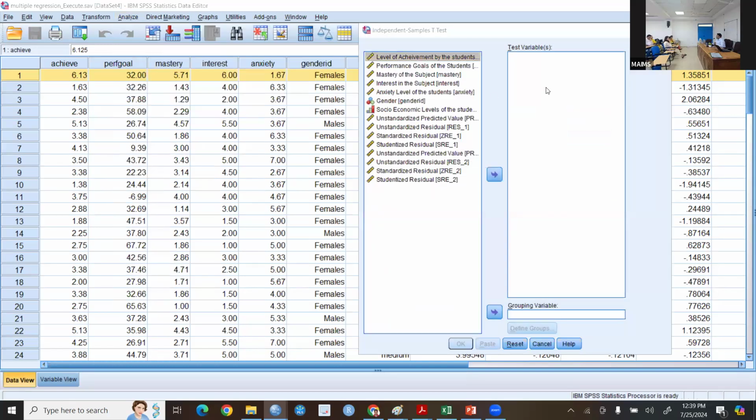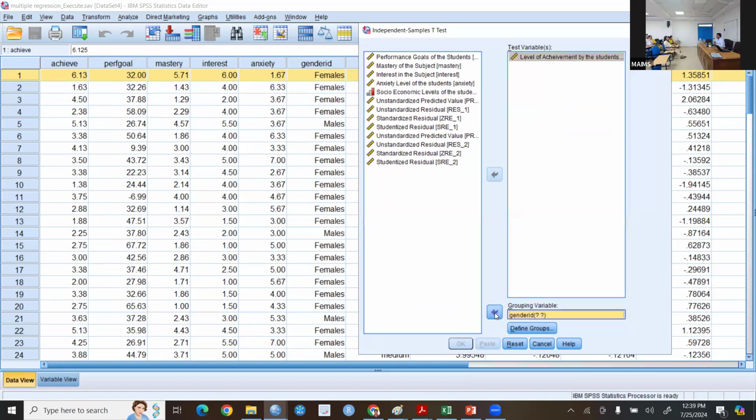So if you click on this test, put CGPA into test variable, and the grouping variable will be gender. So you will put gender into grouping variable, and it is asking us 2 question marks.